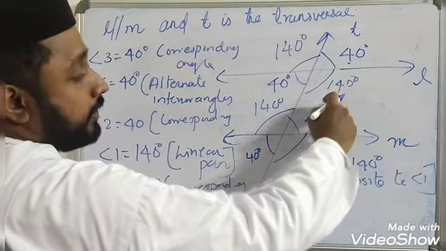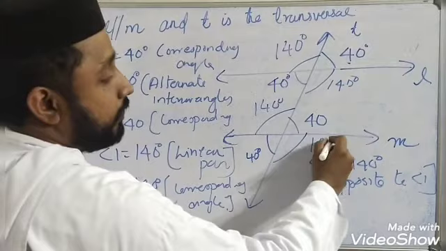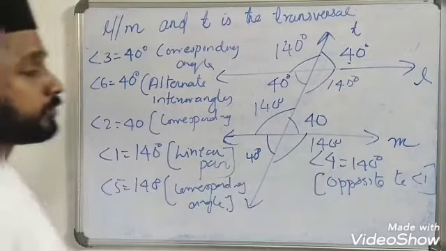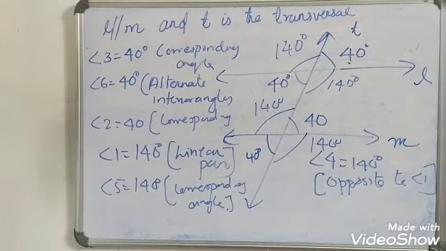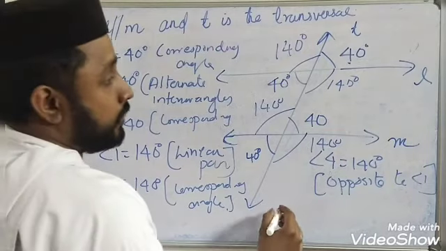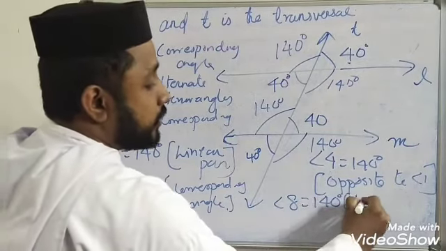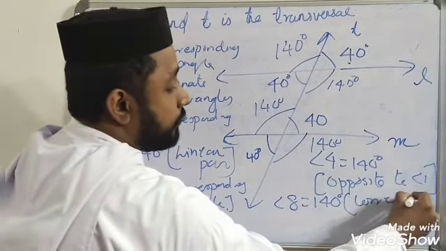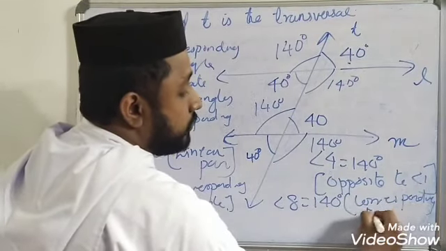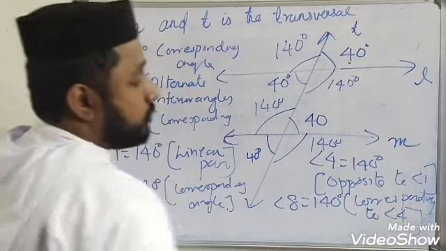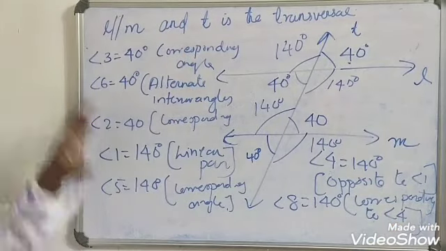We can write this also 140 degrees. This corresponds to this. That is angle 4 and angle 8 are corresponding angles. So angle 8 is equal to 140 degrees, corresponding to angle 4. So these are the other 7 angles.